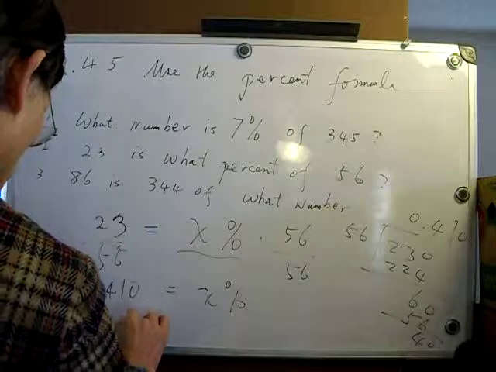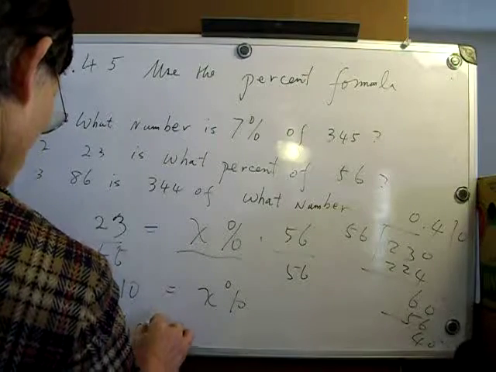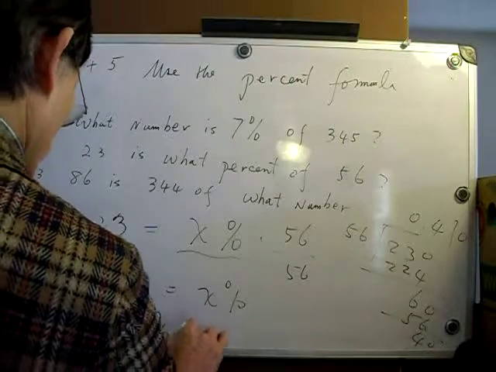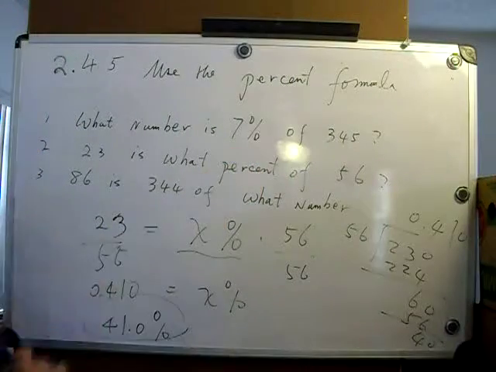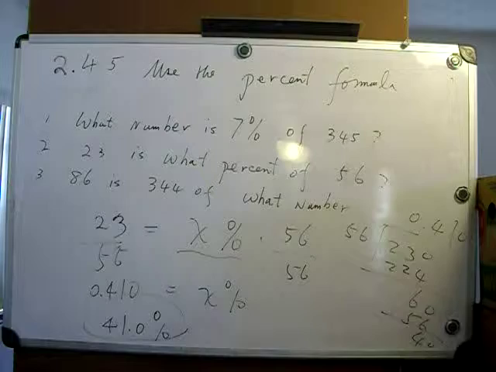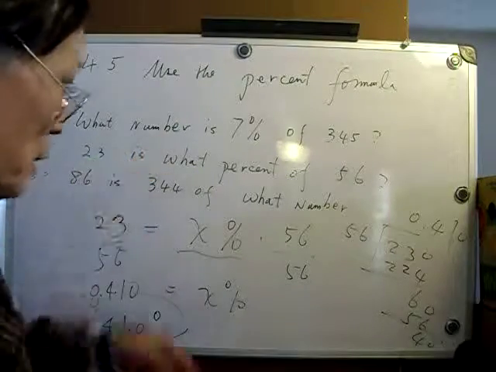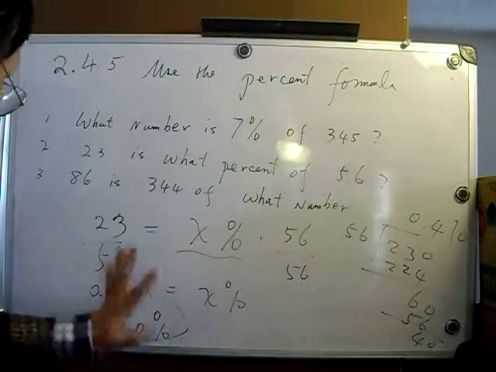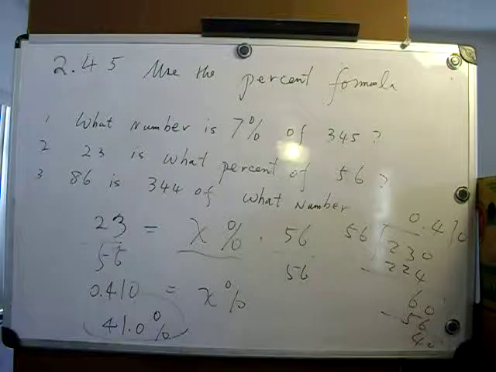Move your decimal point to the right by 2 positions, and then put the percent symbol here. So this one is 41%. Since this one doesn't ask you to do the rounding, it's okay for the last digit. It's close enough, it will be fine.